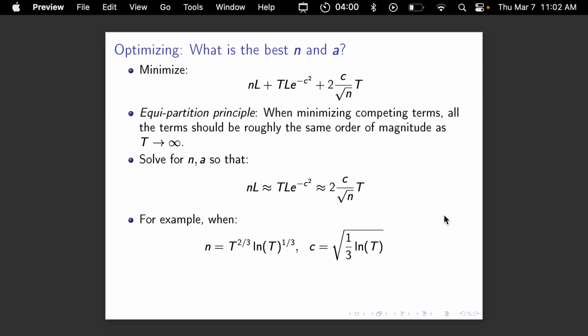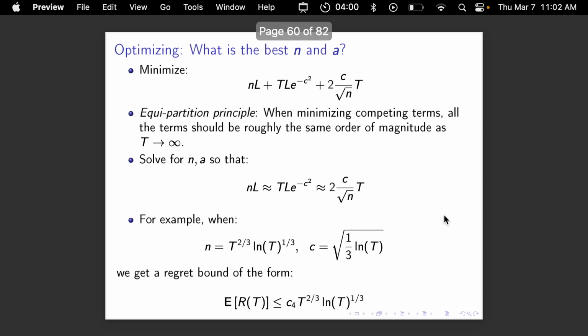E to the minus c squared exactly undoes the square root of log. So when you set c to be the square root of 1/3 log t, then e to the minus c squared is exactly something like t to the minus 1/3. If you plug in these things, then they are all about the same. And when you do that, you get a total regret that is less than t to the 2/3, which is amazing news for us.